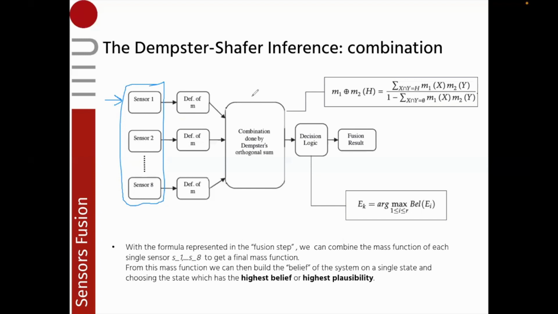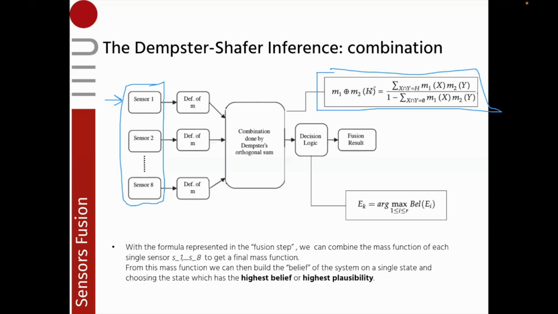The real fusion engine happens at this stage. Dempster-Shafer theory, in the way that it is built, provides a really powerful tool, which is a combination rule of the hypotheses, and this is described here.